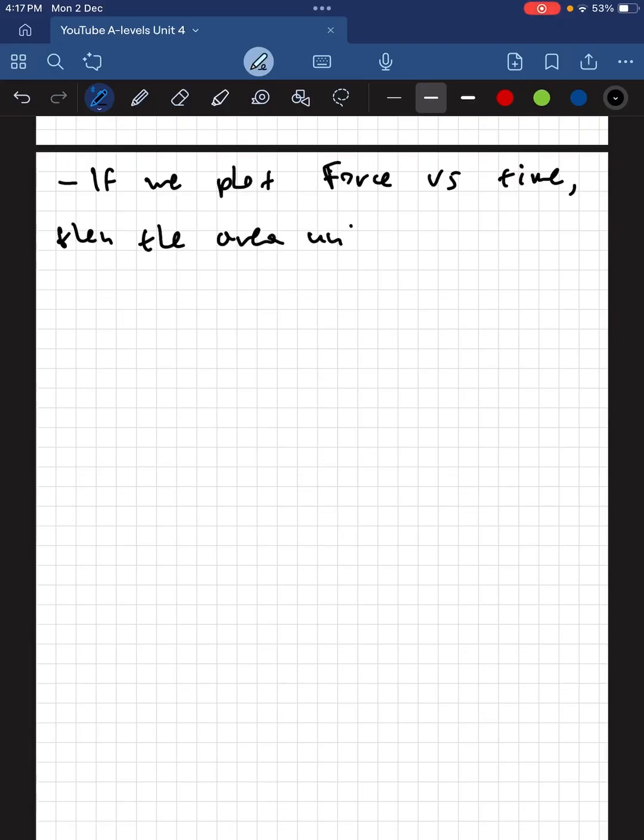And the final thing I want to mention regarding impulse is that if we plot, we can make a graph for impulse. So if we plot force versus time, then the area under the curve is impulse.